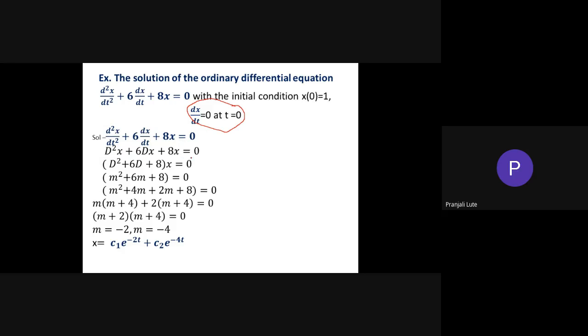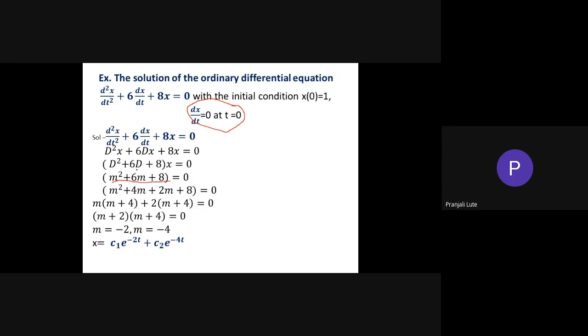Taking x common, D square plus 6D plus 8 equal to 0. Whenever we have to find the roots of that equation, first write down the auxiliary equation. Replace D by m. So m square plus 6m plus 8 equal to 0. This is your auxiliary equation.